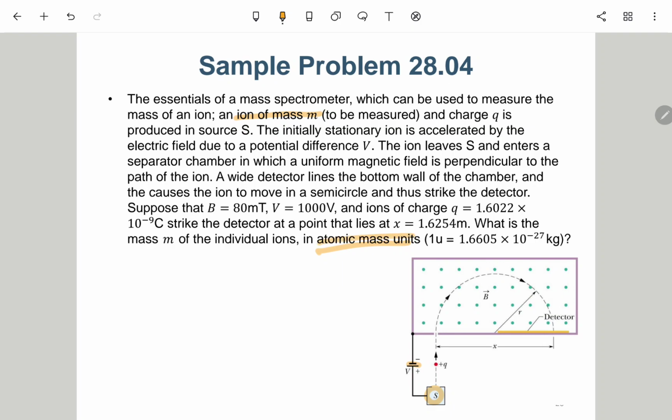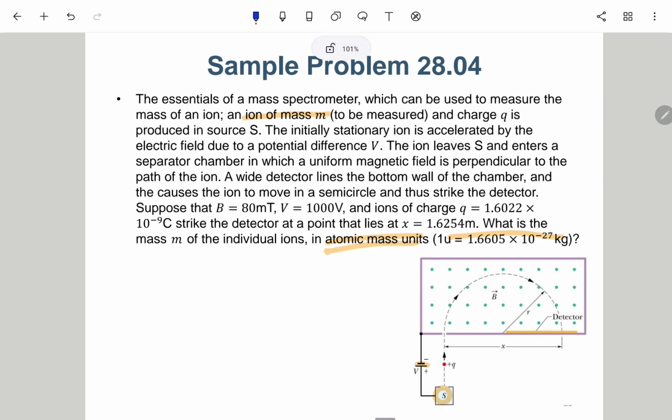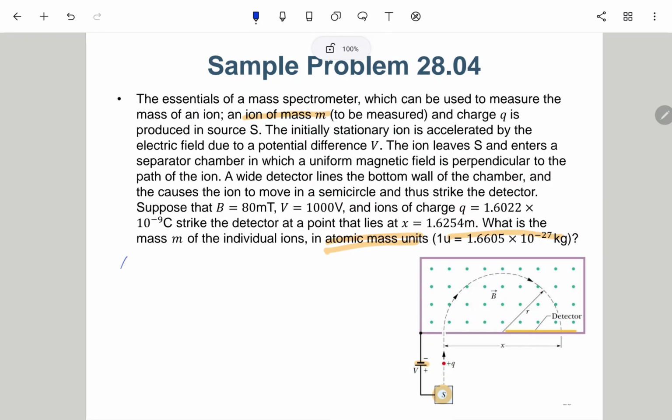OK， 就是用一个原子的质量单位，就是一个质子的重量。Okay, so here we can make use of the conservation of energy. Delta K plus delta U equals 0.